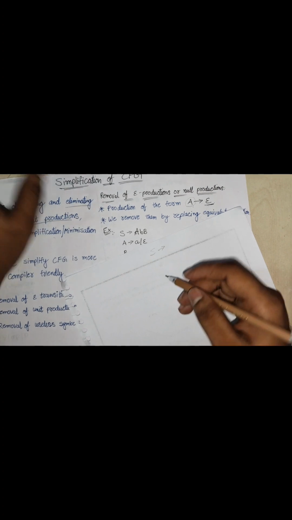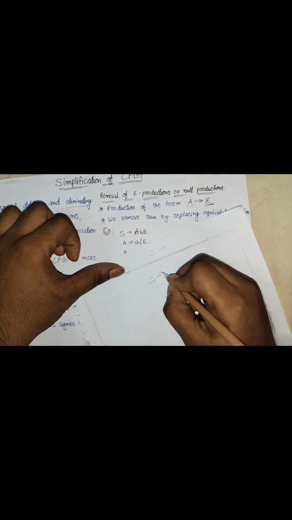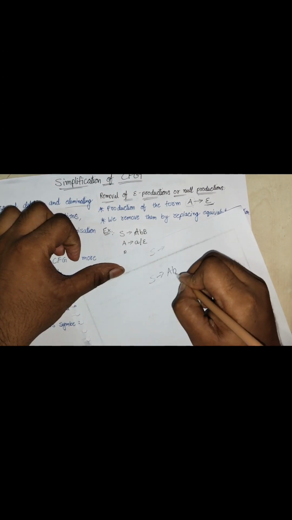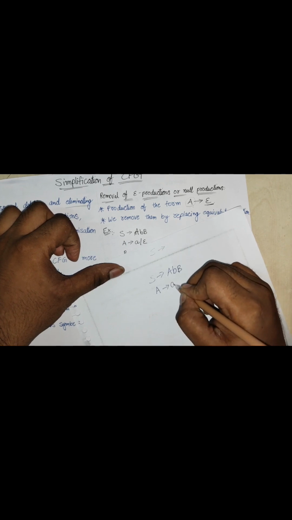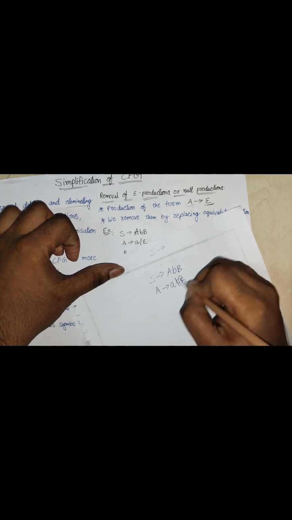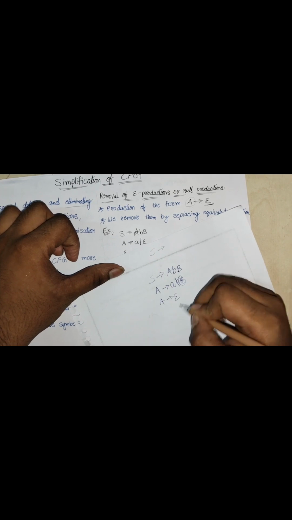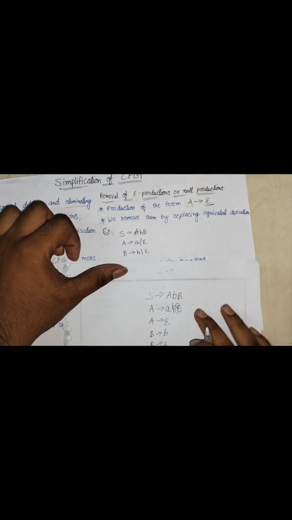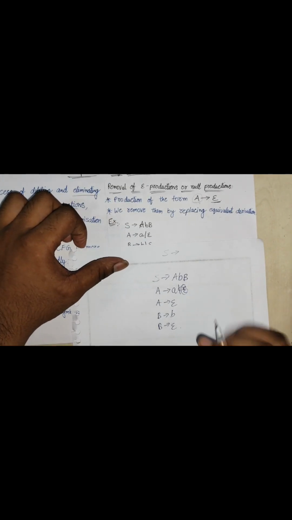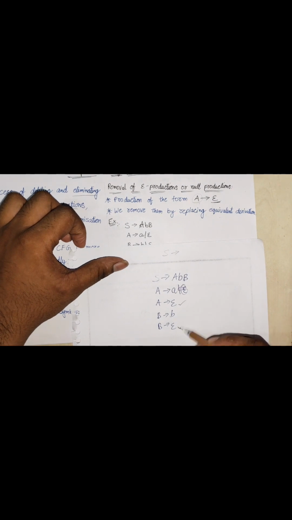Let us write these productions. The first production is S tends to A B B, the second is A tends to a, A tends to epsilon, and B tends to b, B tends to epsilon. So the number of epsilon transitions in these productions is 2: A tends to epsilon and B tends to epsilon.